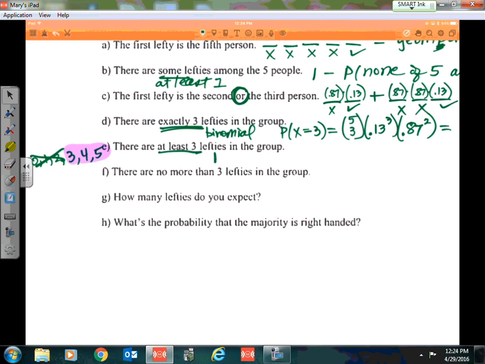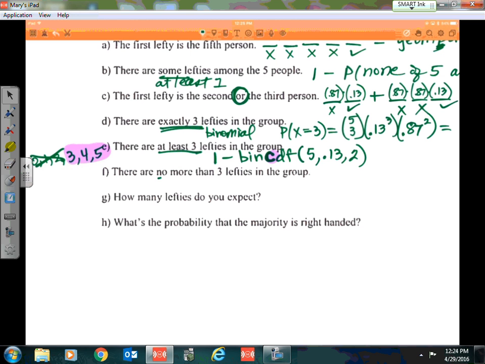So that will be 1 minus the binomial CDF, because it's the accumulation of the bottom ones. Let's talk about what goes in here. The first number is 5, comma, 0.13, comma, up to and including what? 2. So I am taking off up to and including 2. So that's the way you would compute that.